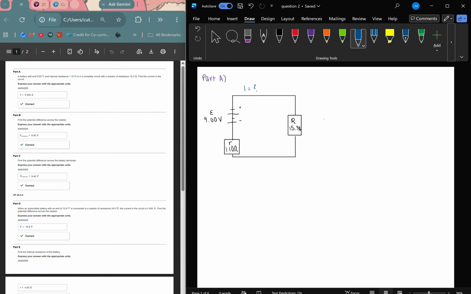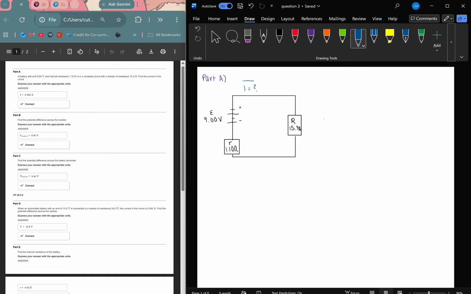The internal resistance is represented by the lowercase letter r and is measured in ohms. And then I have the resistor, which is the big R, and that's also measured in ohms. And now the current, we're gonna draw the current arrow, which is up here.